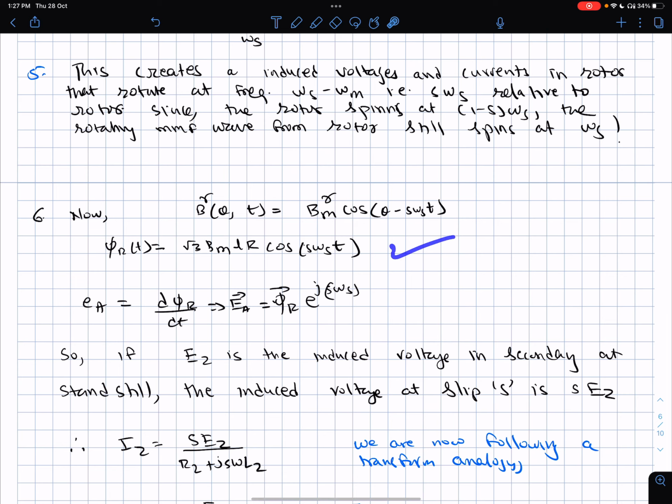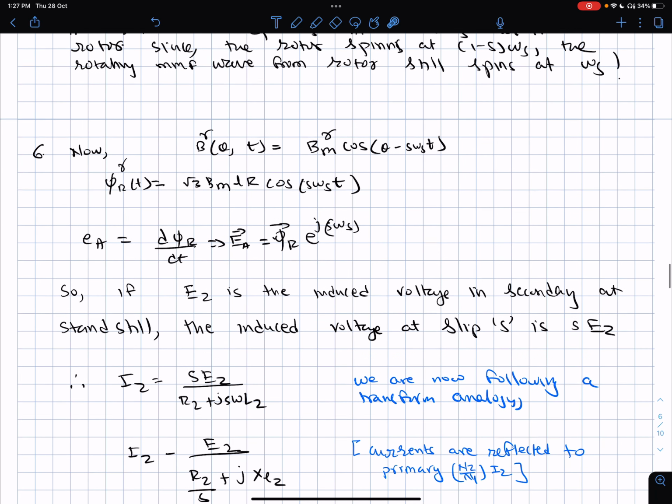Now you again do the integration, so you will see that you can calculate the flux associated with the rotor winding, and from there again, using similar philosophy to the similar things that we did in the previous derivation, you can calculate the induced phasor EMF of the rotor, and the frequency however this time is going to be s omega s.